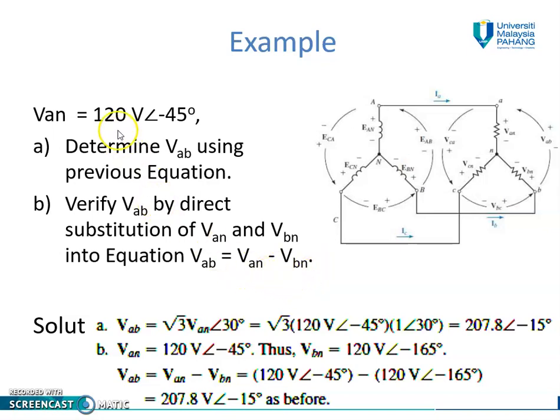We already have the value of VAN, which is 120 volts at negative 45 degrees.